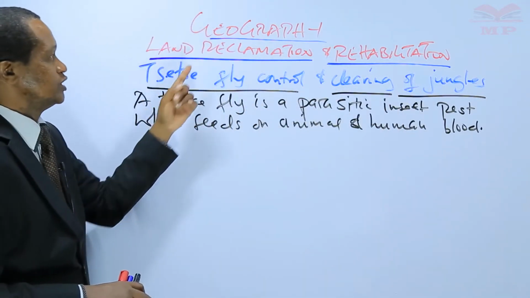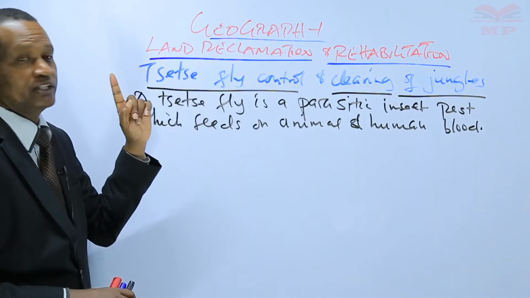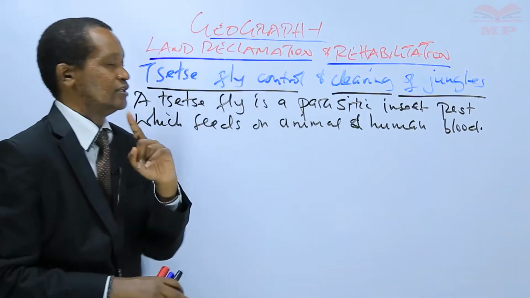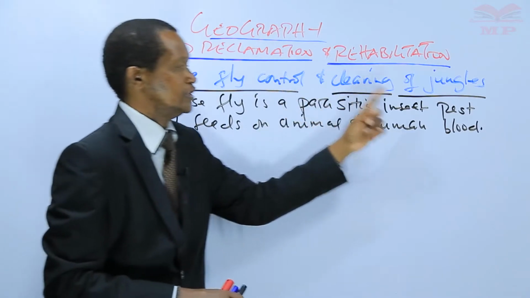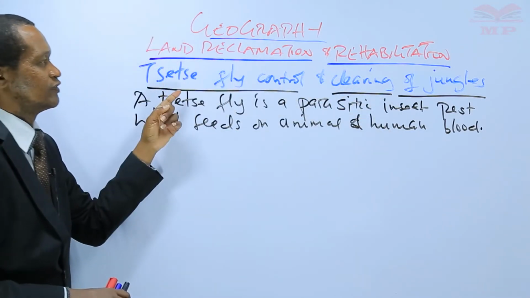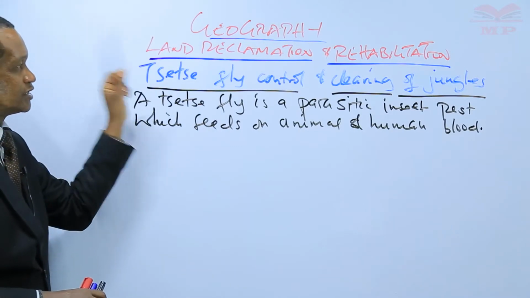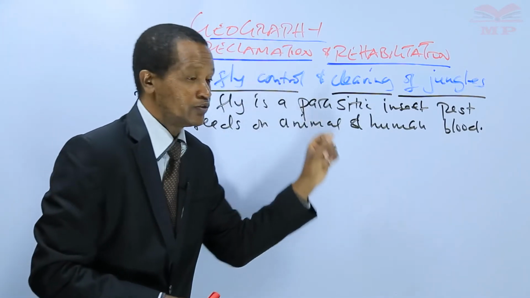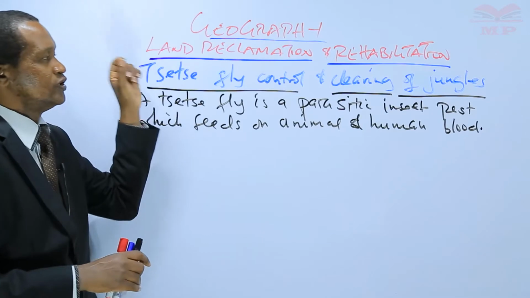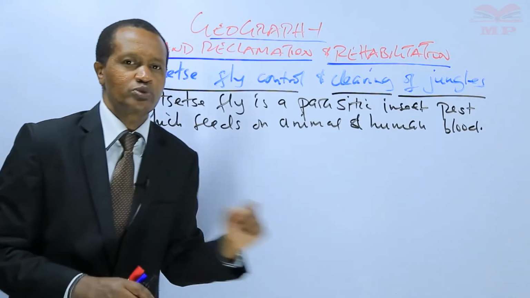So we are talking of clearing of jungle. It's one way in which land can be reclaimed and rehabilitated. Clearing of jungle together with tsetse fly control. Don't forget that's our discussion. We are discussing tsetse fly control and clearing of jungles as a method of land reclamation.